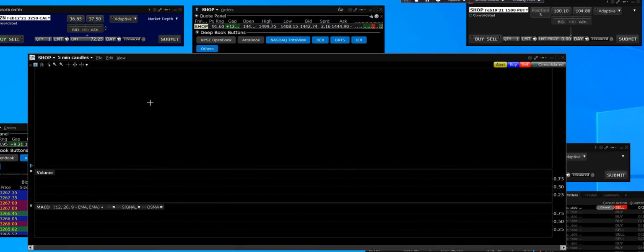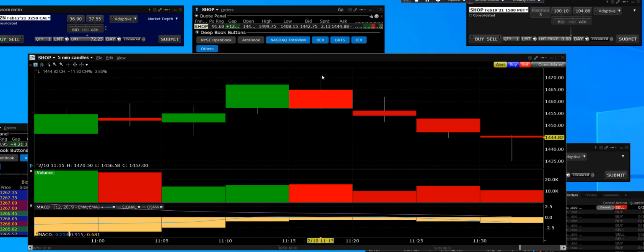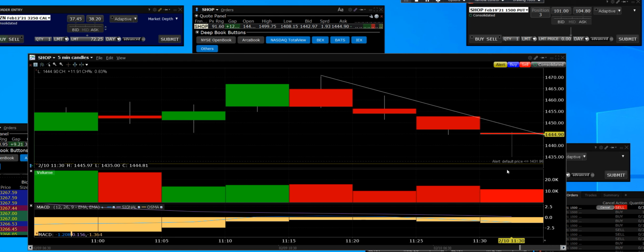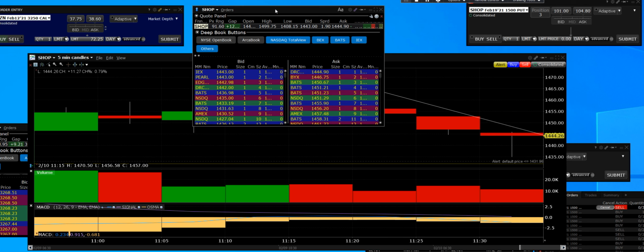He did not. So there is the 5-minute reversal right here. Okay. So these lows down here, there's an alert. There's the wick. We did not break it. So price discovery to current bid is now $3 above that 1440 area.